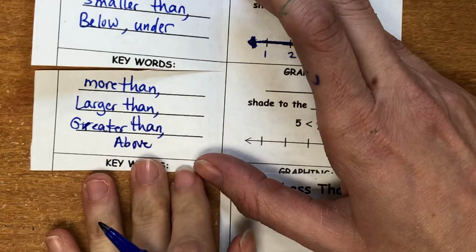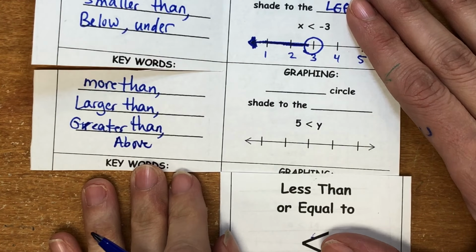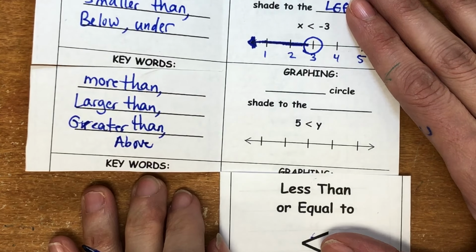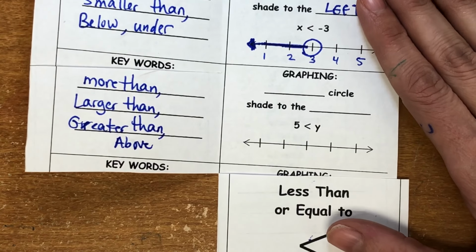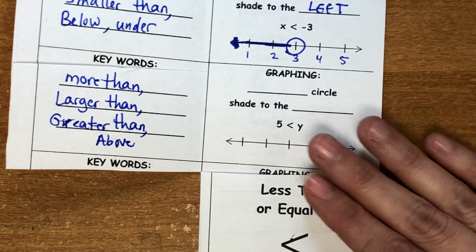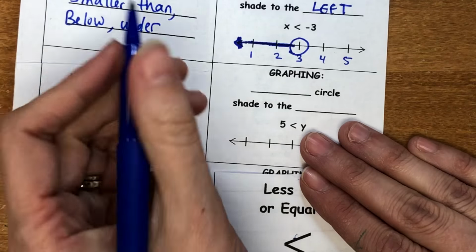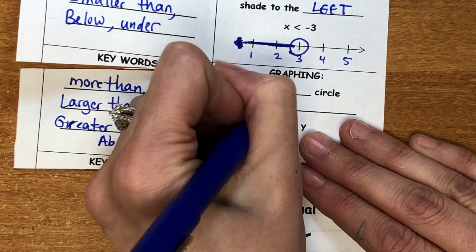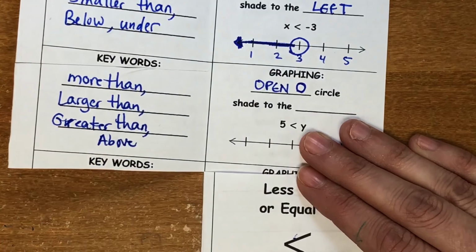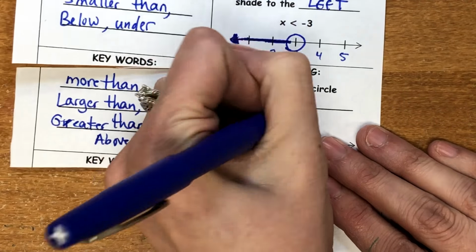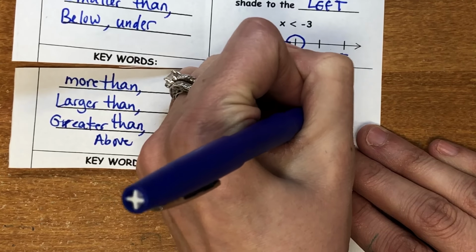Okay? So more than, larger than, greater than, and above are going to be for the greater than symbol. When I graph this, if it's just greater than, again I'm going to have an open circle, and I'm going to shade to the right.